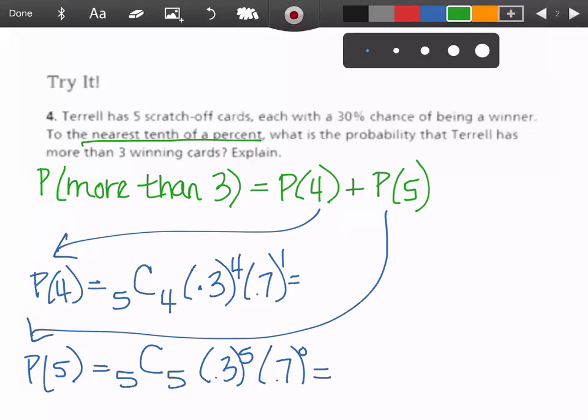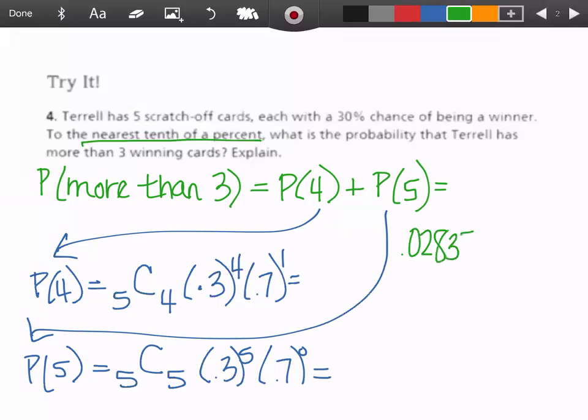So we get 0.02835 plus 0.00243. Adding those two together, we have 0.03078, and then multiply by 100 to change that to a percent.